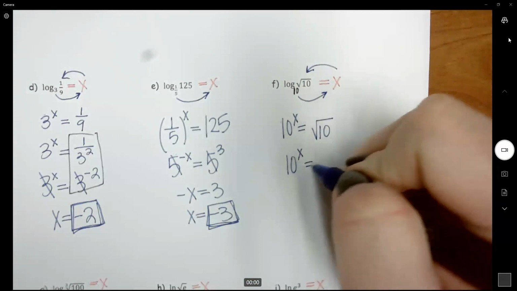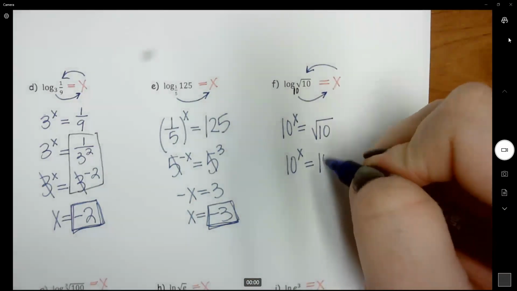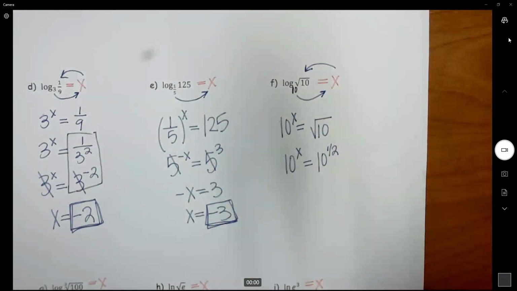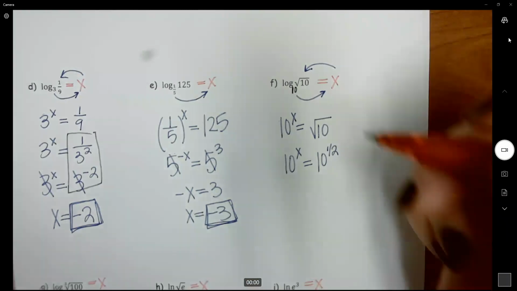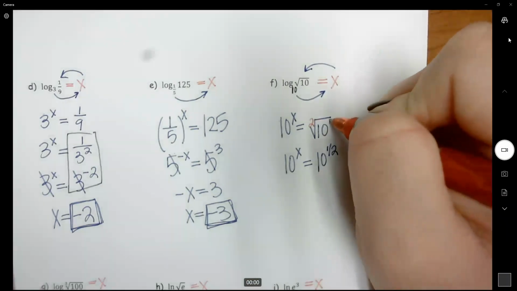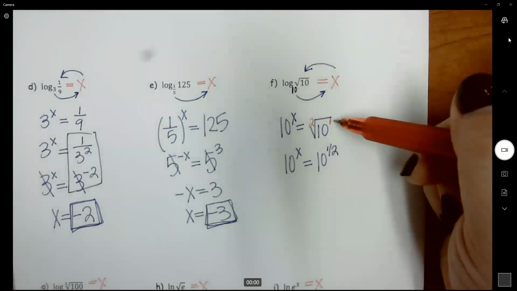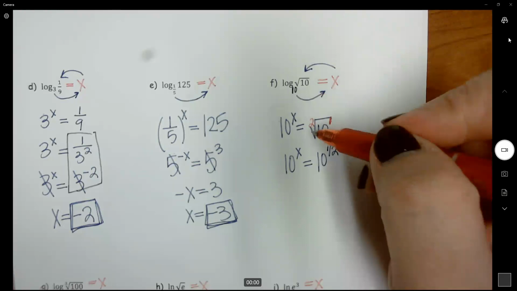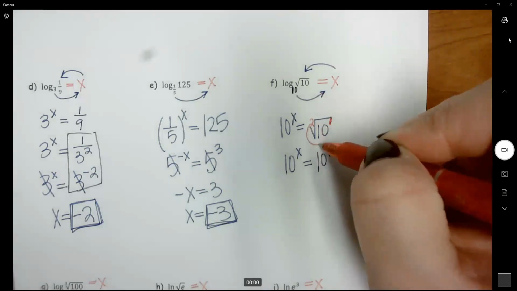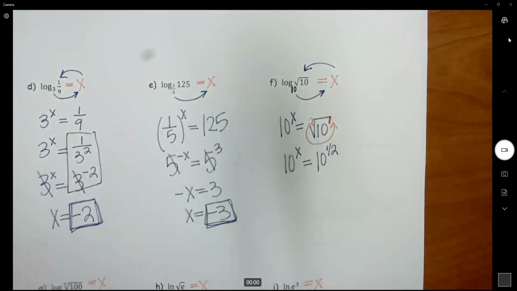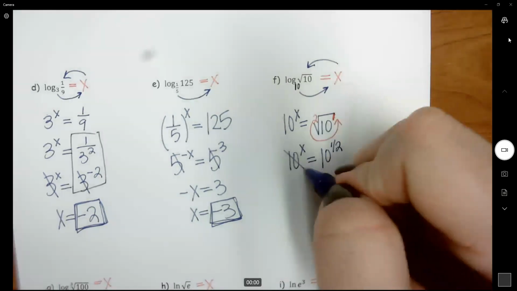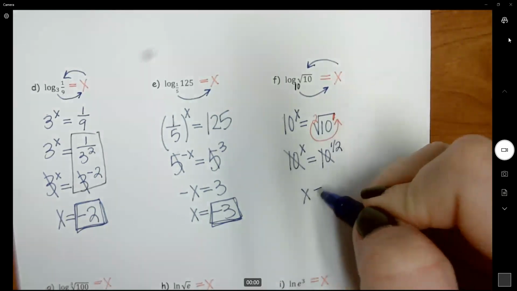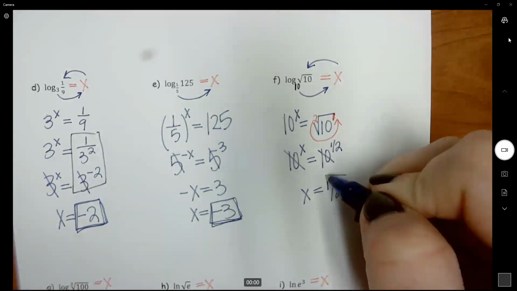This is the same as 10 to the x power equals 10 to the 1/2 power, because there is a known 2 here and a known exponent here of 1. So whatever your exponent is becomes your numerator, and whatever is the index comes around and becomes your denominator. So now those cancel, and x equals 1/2.